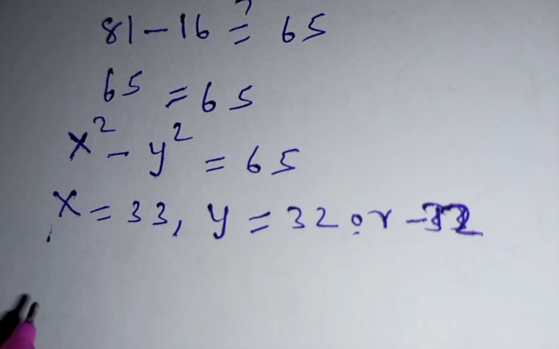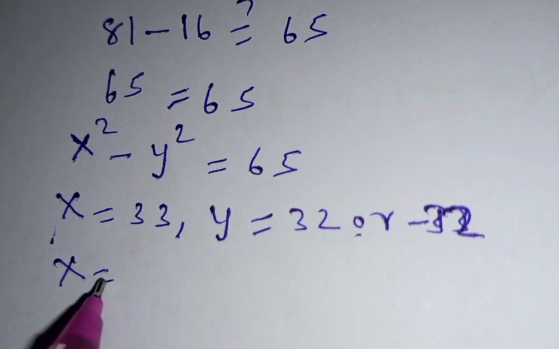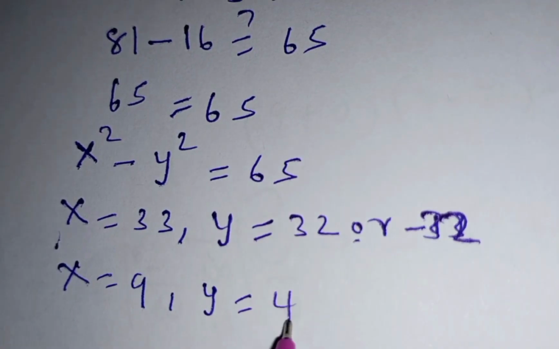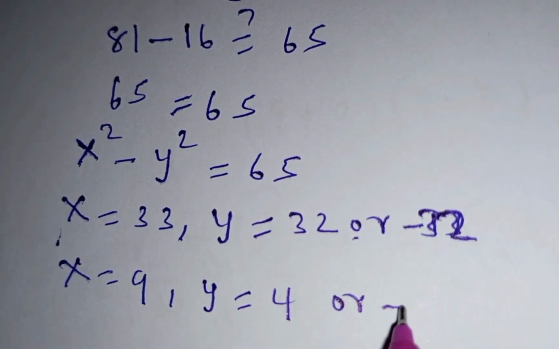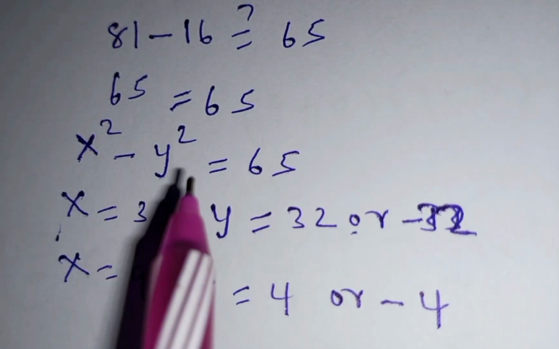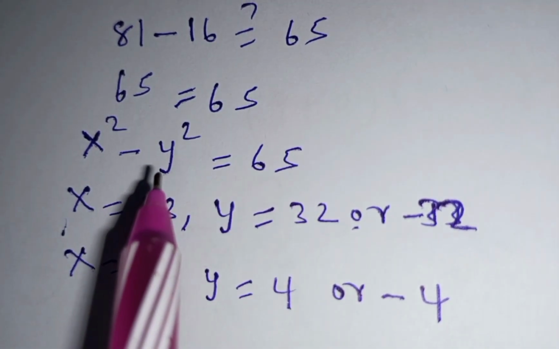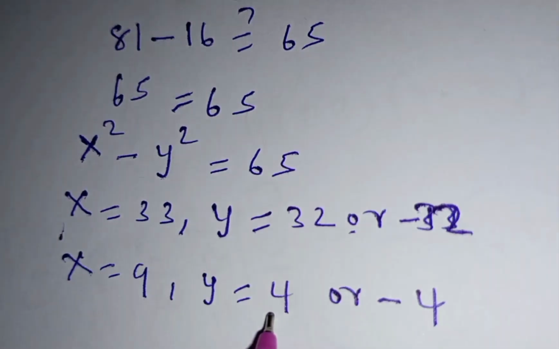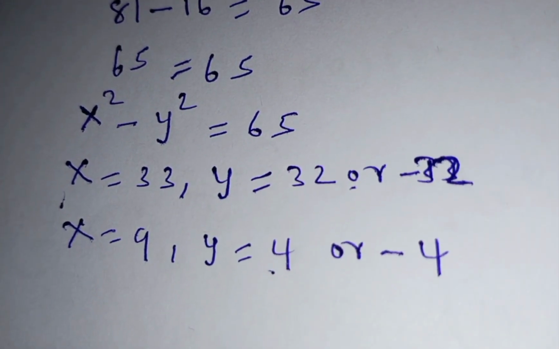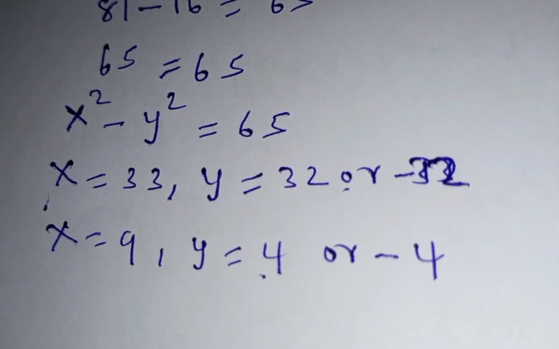The other case is x being equal to 9 when y is equal to 4 or negative 4, because negative 4 squared will be 16, and when you square 4, it will also become 16. So those are the two possible solutions for this Avant entrance trick.